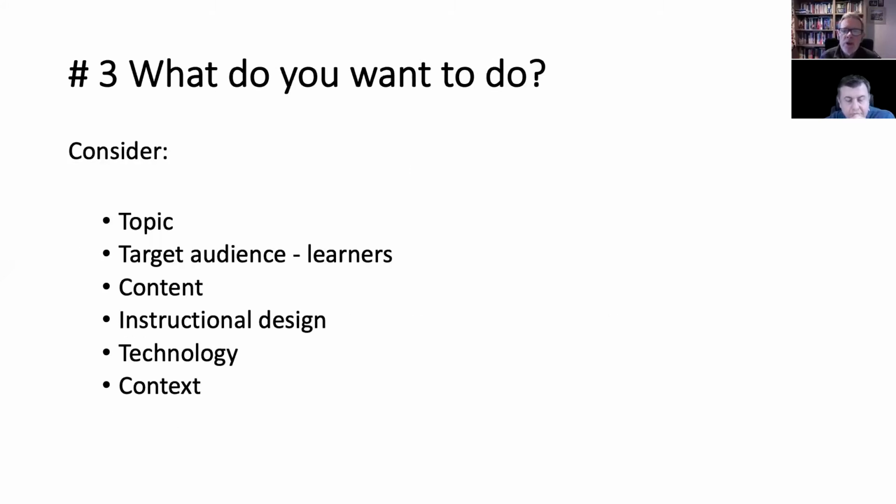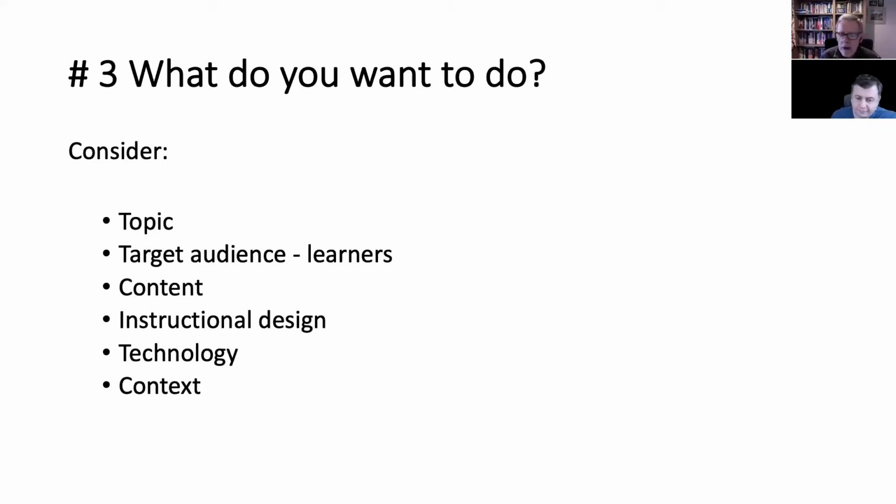So what do you want to do? And we want a very, very clear description. What's the focus? What is the topic? What you want to do? What's going to be the target audience for your innovation? Who are the learners? Is there going to be any content? What is the instructional design? What is the technology?